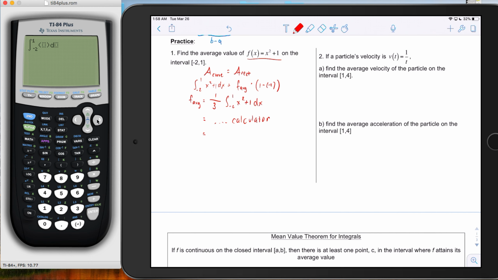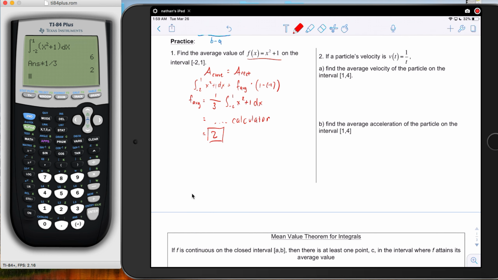Our function is x squared plus 1 dx. We get an integral of 6, but we need to multiply that by 1/3, which gives us 2. Hey, the average value is 2.